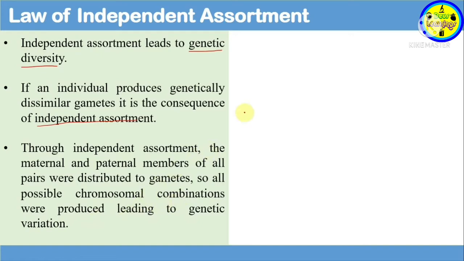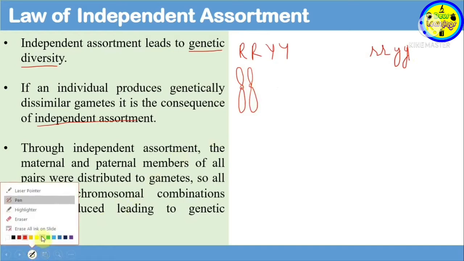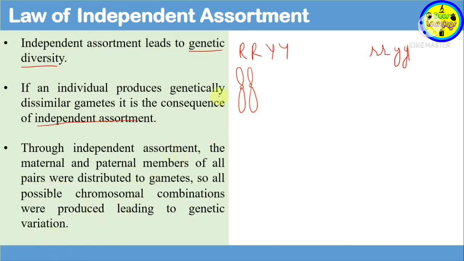Since there are different kinds of characters combined in gametes, for example, now we have round and yellow, and here we have wrinkled and green. So let's take an example from a homologous chromosome.